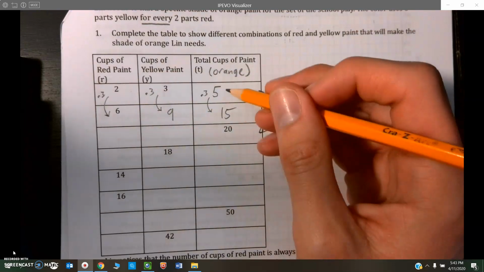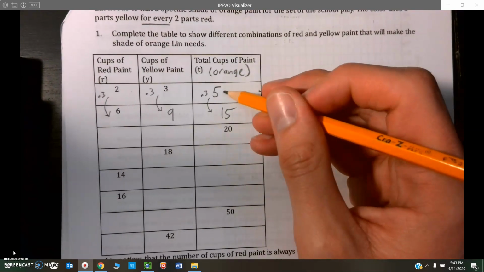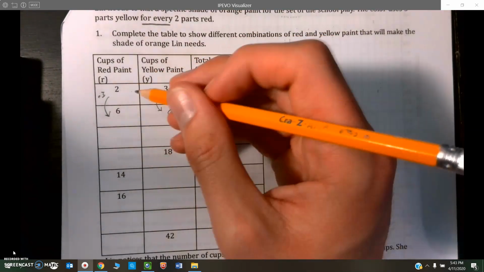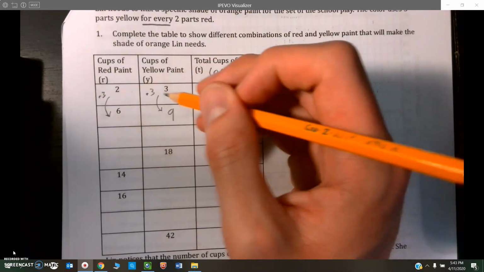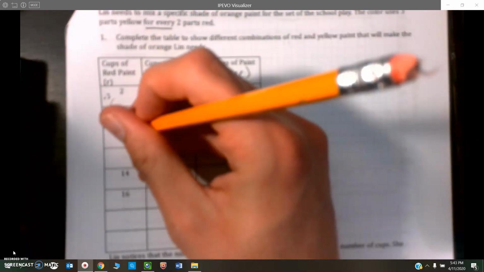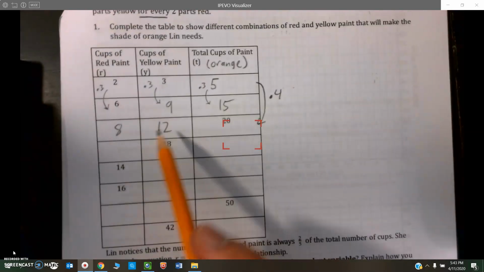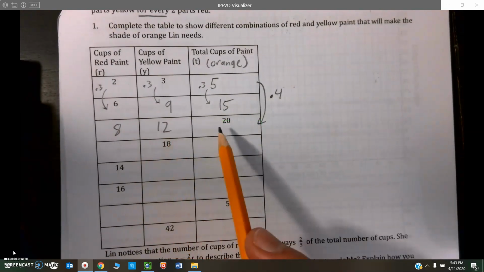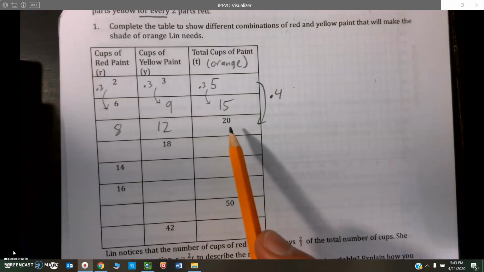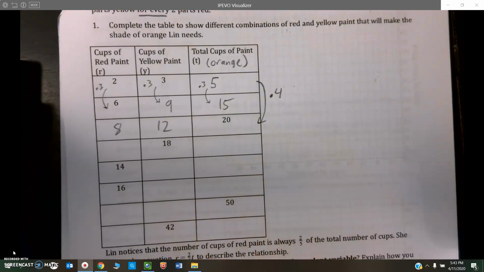So that means if I quadrupled or multiplied this total by 4, then she must have also multiplied each of these values by 4 as well. 2 times 4 is 8, and 3 times 4 is 12. And then we can even check our work and see that if she used 8 cups of red and 12 cups of yellow, that would in fact make a total of 20.